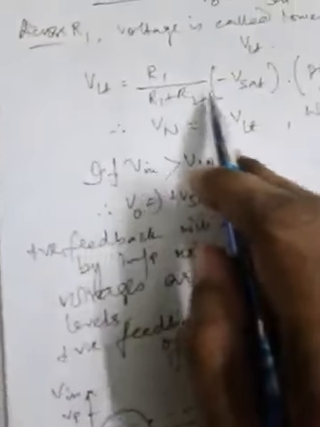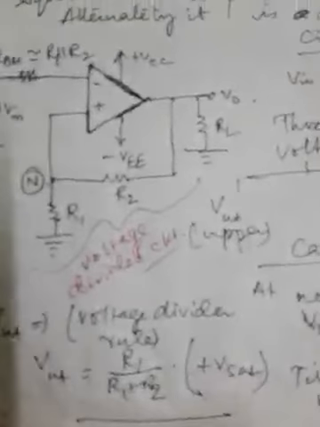So mathematically we can write, putting the equation for VLT and VUT, in terms of R1 and R2, hysteresis voltage VHY can be written as R1 by R1 plus R2, taken common from the two expressions, times plus Vsat, VUT means it is plus Vsat, minus VLT means minus of minus Vsat.